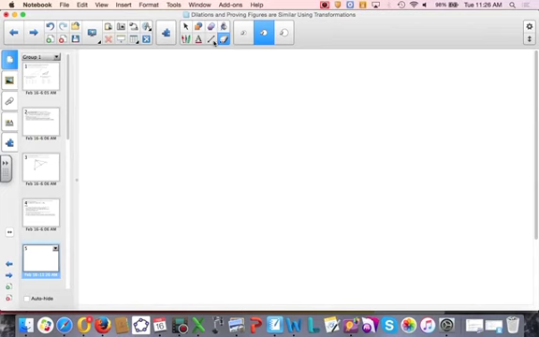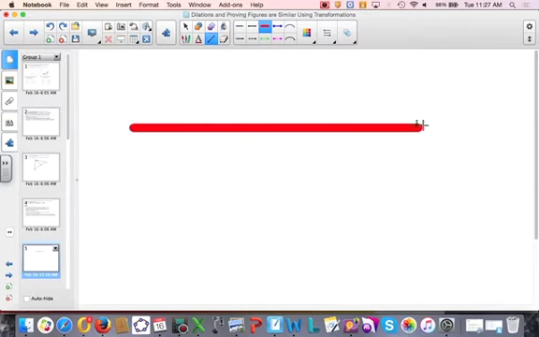So let me illustrate what I mean by that. So if I have a segment and I have this as my center of dilation, and I'm dilating this segment with a scale factor of 2, then what's going to end up happening is I'll end up with another segment also passing through this point, and it would be like this.